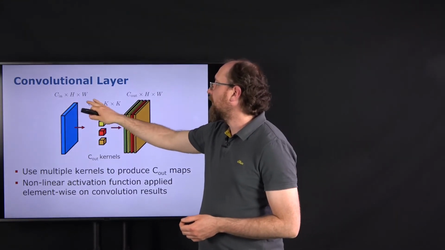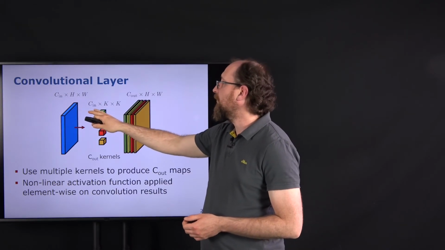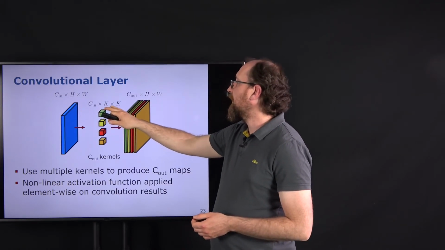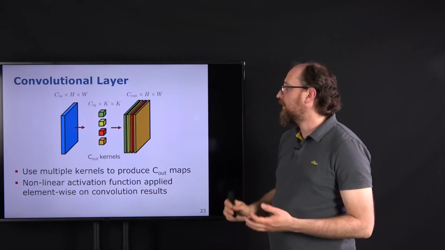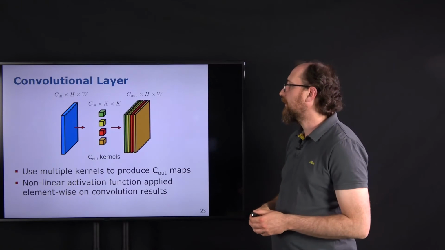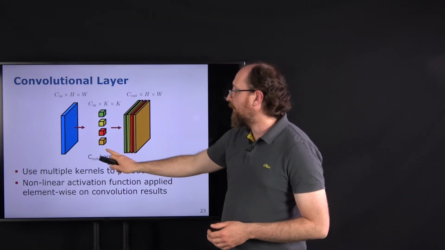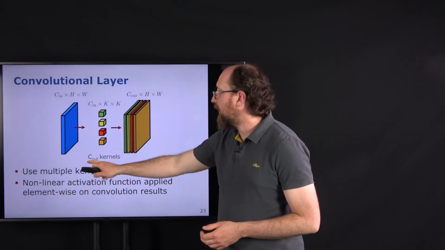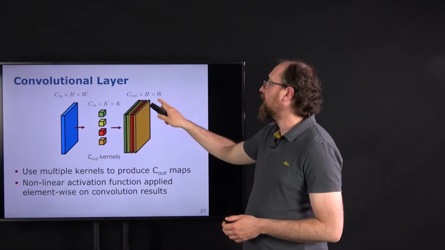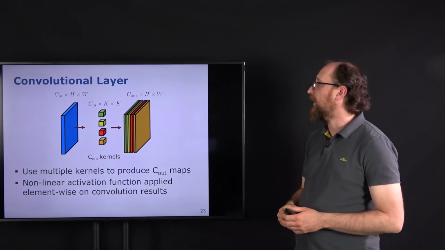The kernels should have the same size as the input channels times k times k. We are using the square case here, but we can also use asymmetric kernels. And we have C out number of kernels, and this gives us the tensor that comes out with C out times h times w.